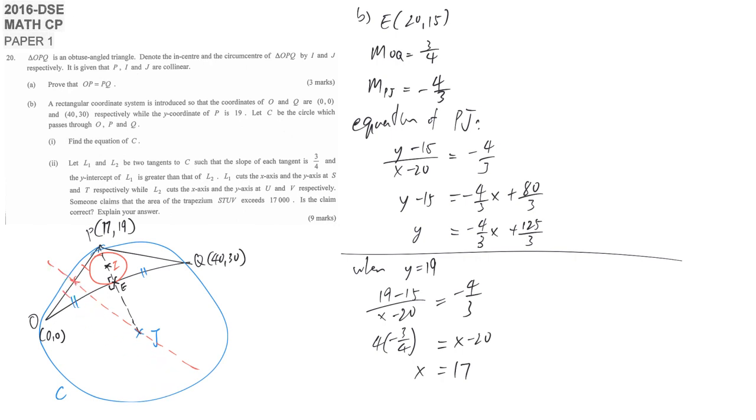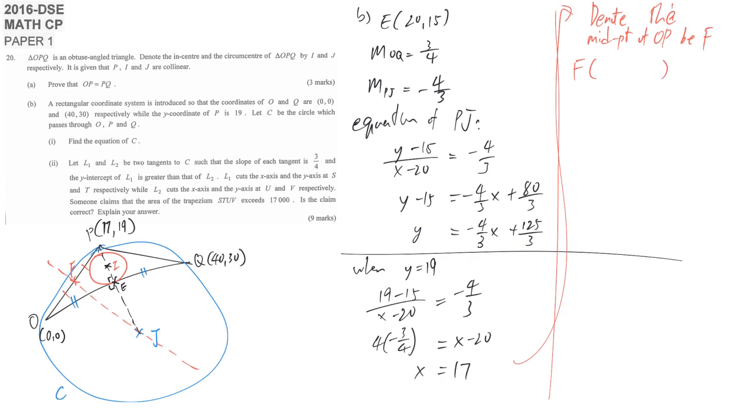Then we can just repeat the similar thing in order to get the red line. We let the midpoint of OP be F. And then the F coordinate is (17 over 2, 19 over 2).